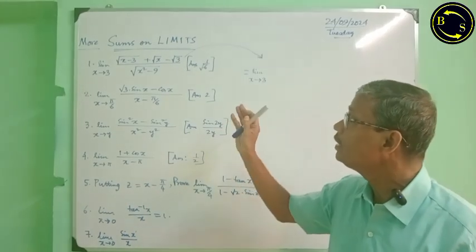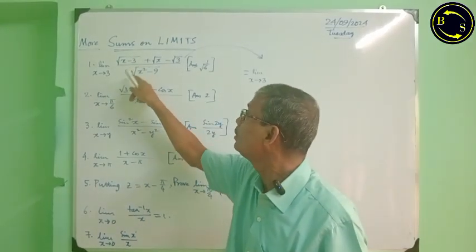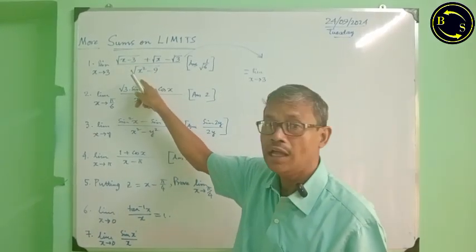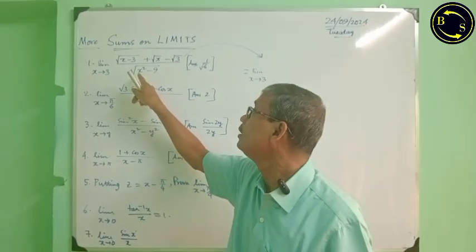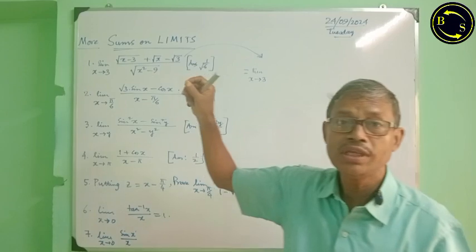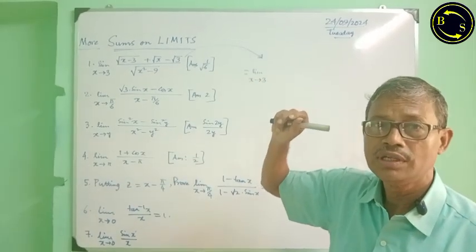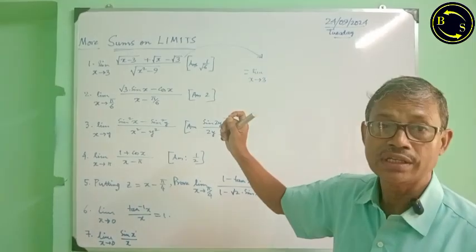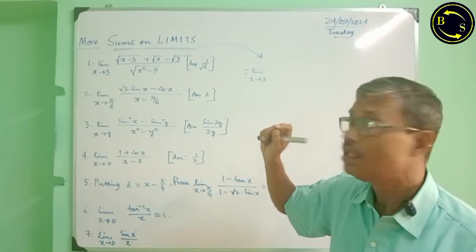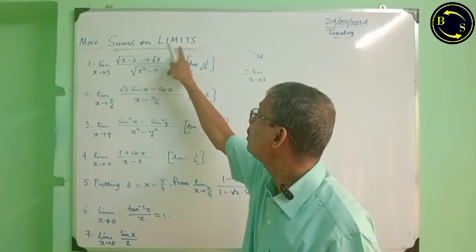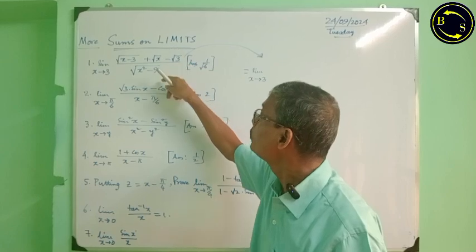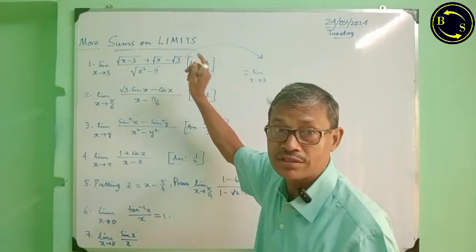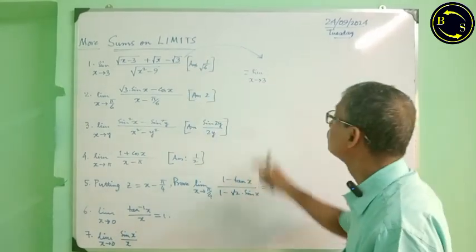Therefore, if I take this one and this one, applying the distributive law of division, then x minus 3 will be cancelled out as x tends to 3. X is not equal to 3. Next, this part is to be taken. For this, we have to rationalize.